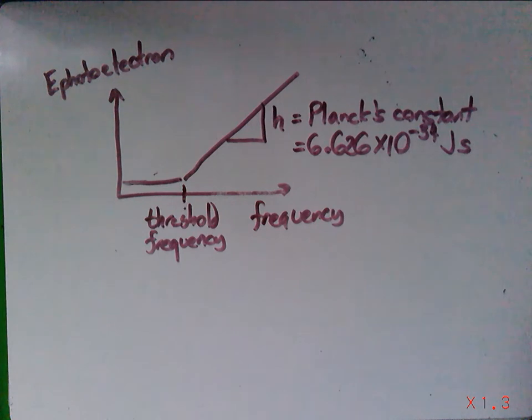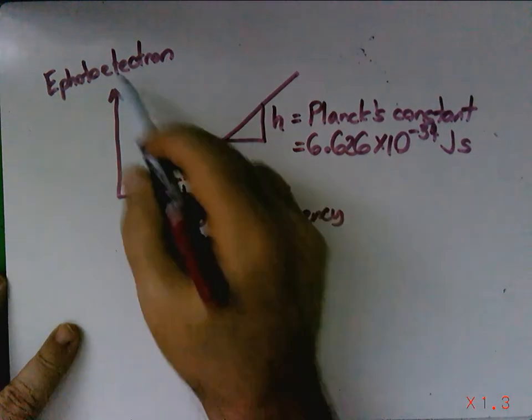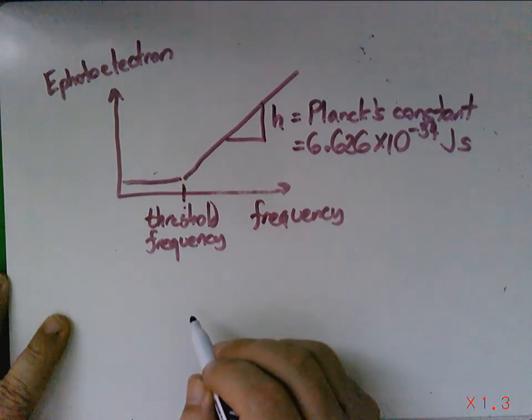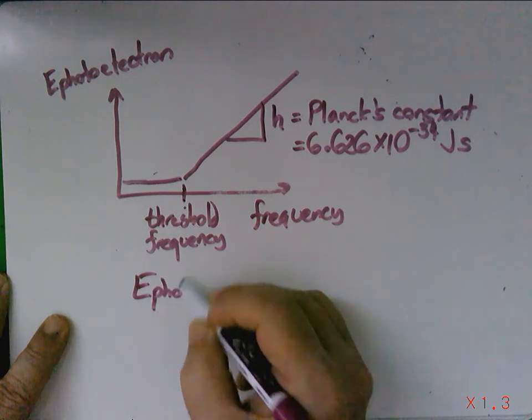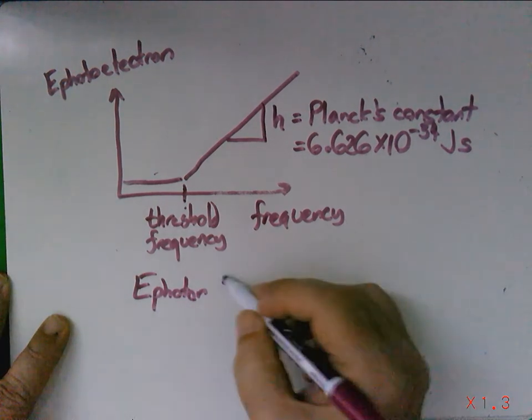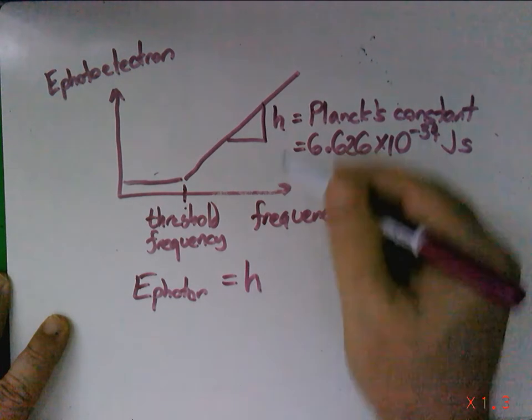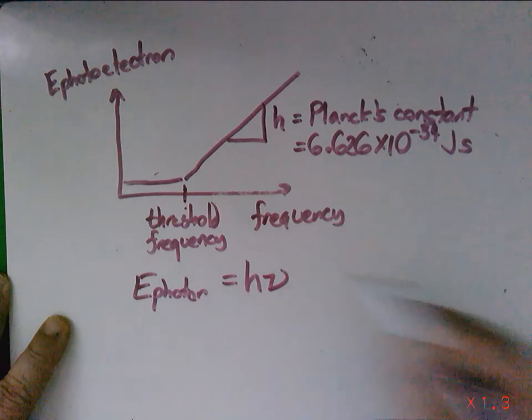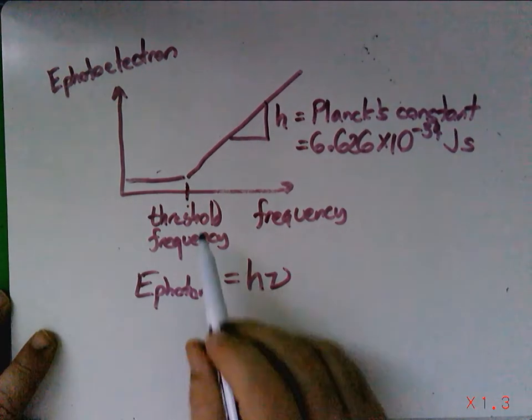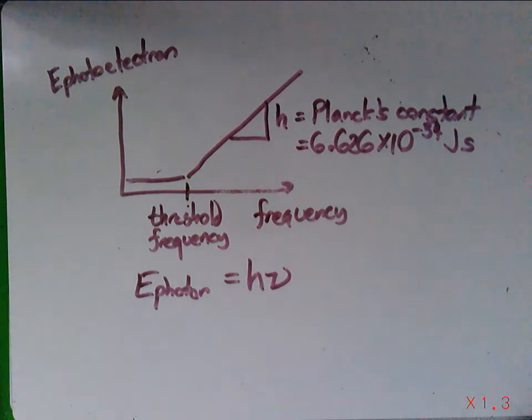He said, go ahead and do this experiment. And he said, here's what your energy budget looks like. The energy of the photon is actually Planck's constant, the slope, times the frequency, what you put on here. Okay, once you're past the threshold frequency, that's what it's equal to. So this is the energy of the photon.